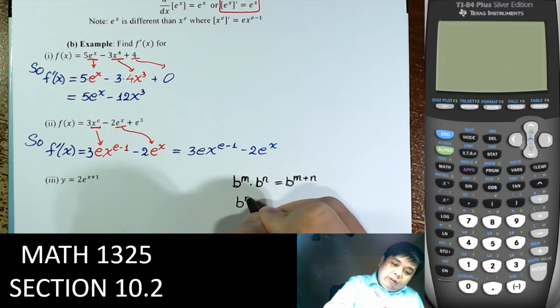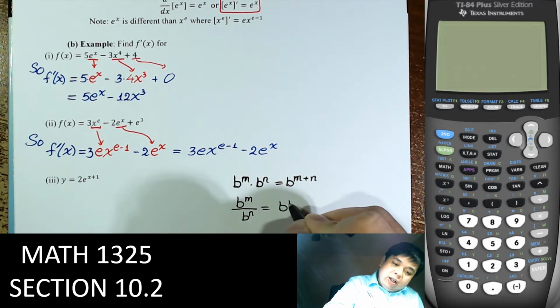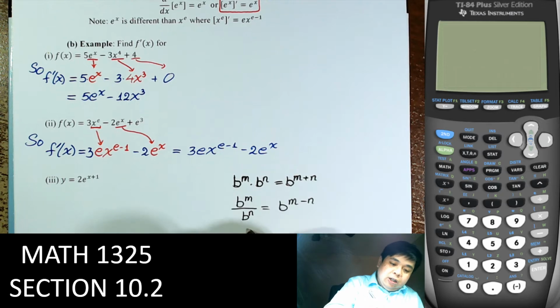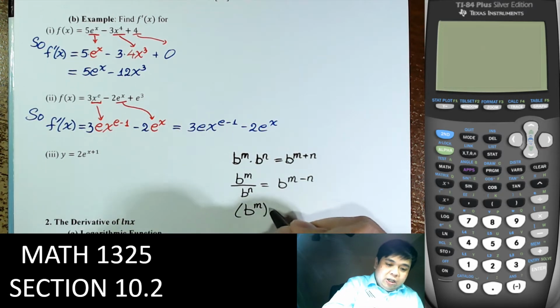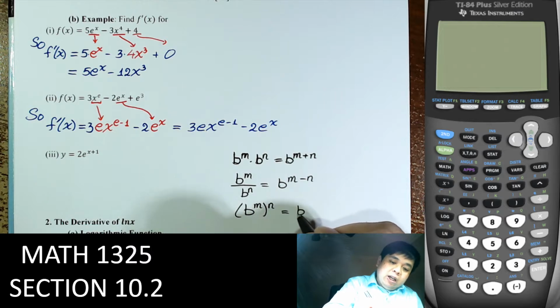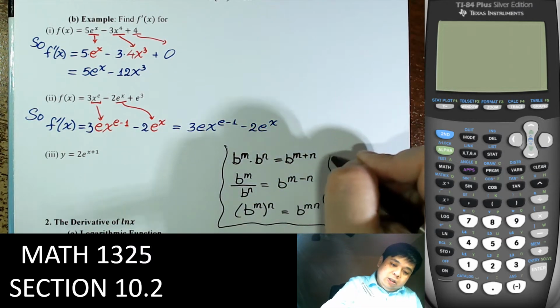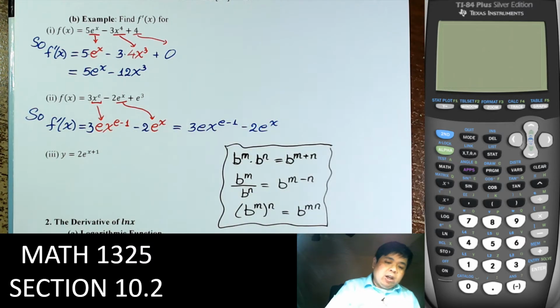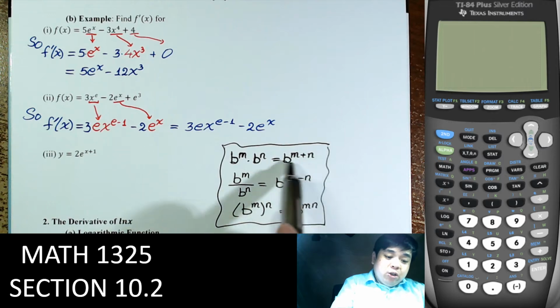And if we divide, we subtract. And a power raised to another power, because we review this in the power rule. Right. So what we see here, actually it's not from left to right, but from right to left.